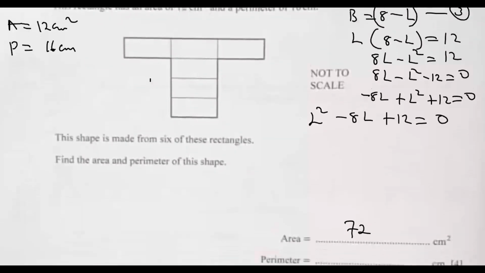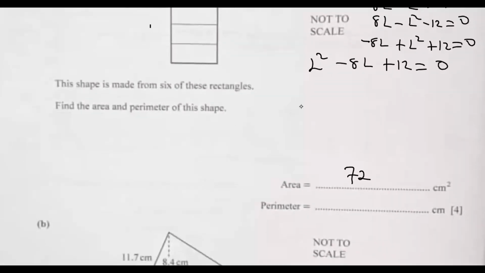Let's scroll down. To solve this one now, using the factorization method, we are going to have L squared minus 6L minus 2L plus 12 equals 0.